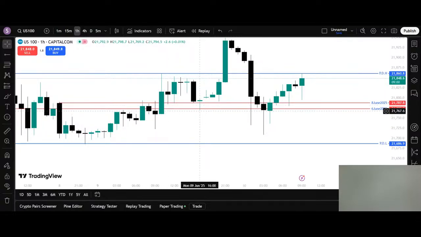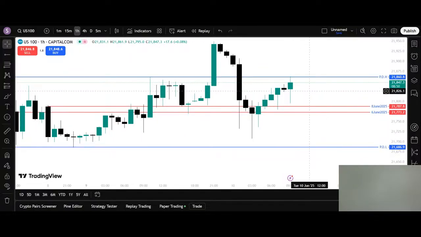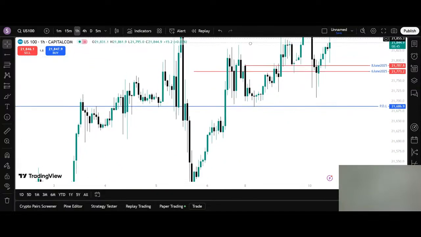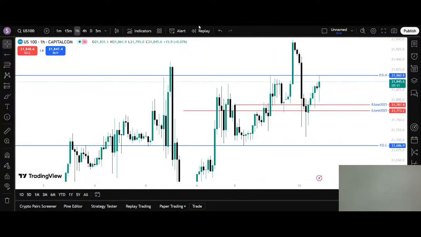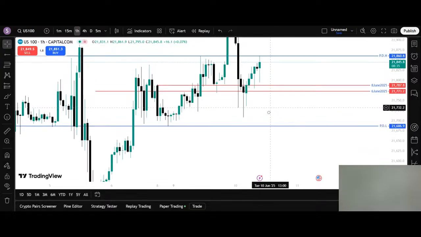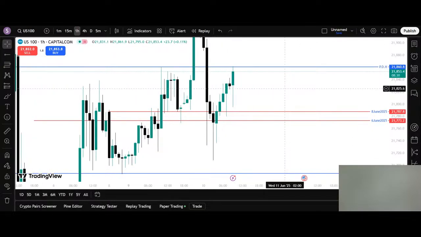Sell side from here to here, it didn't take this sell side, and then it started pumping a little. But to be honest, the bias is not really clear. I'm gonna just wait and see if price gives me more information. Let's see how the 1 hour candle closes.